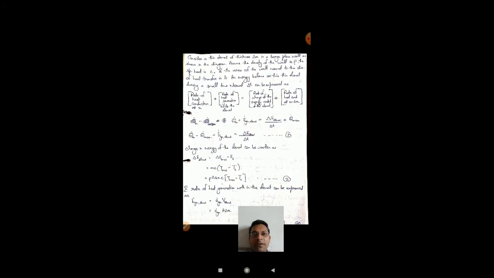All other things are explained to you. The other things are the element thickness delta x, large plane wall, density of the material and specific heat being constant, and the heat transfer being normal to the wall. These were all explained to you earlier. Now coming to the energy balance of this element.